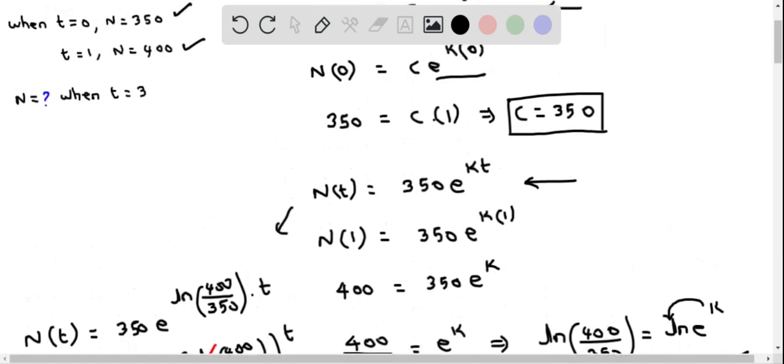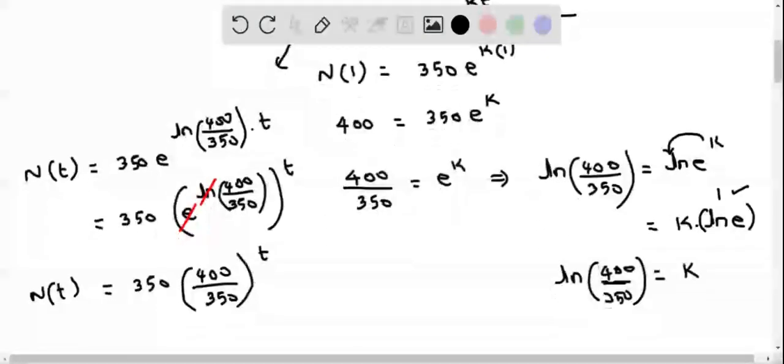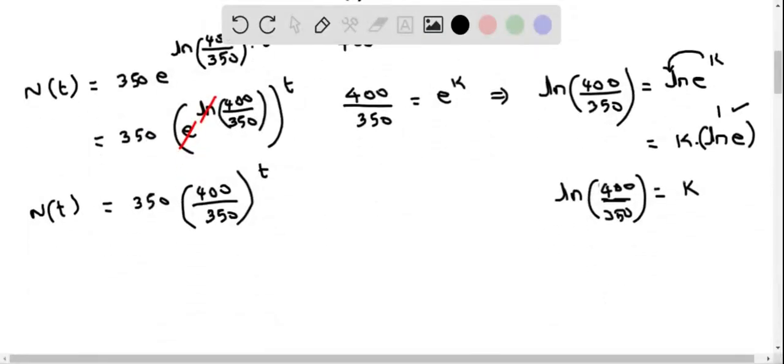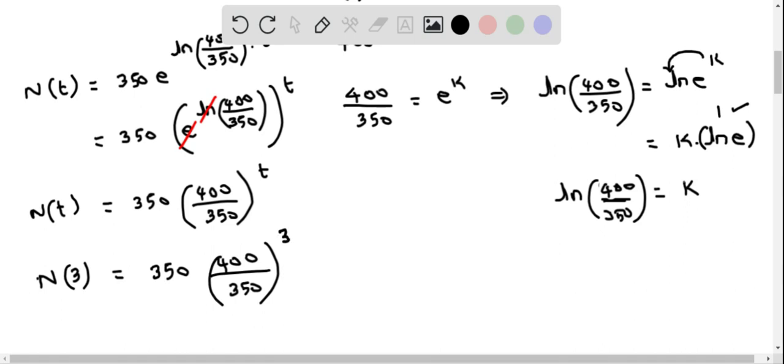Now we can find n of t when t equal to 3. So let's plug in t equal to 3 and find the value of n of 3. So therefore this becomes n of 3 equals 350 times 400 divided by 350 raised to the power of, replace t by 3. We put 3 here.